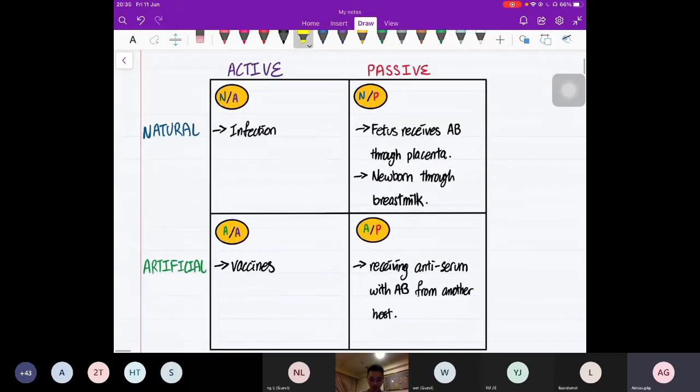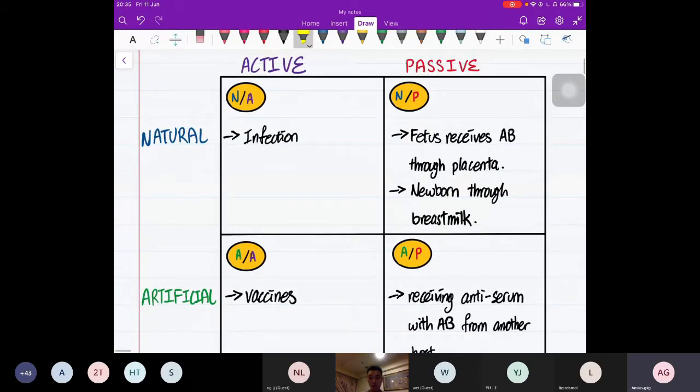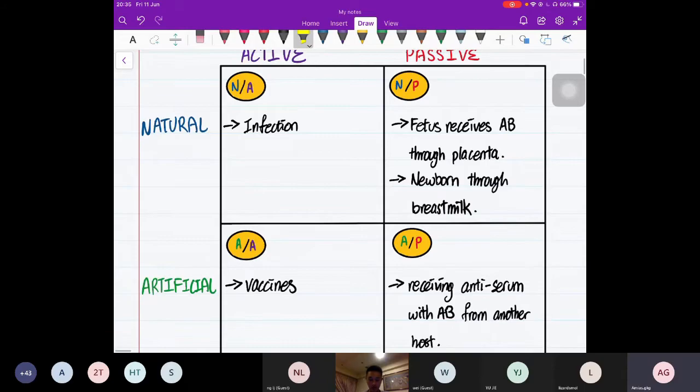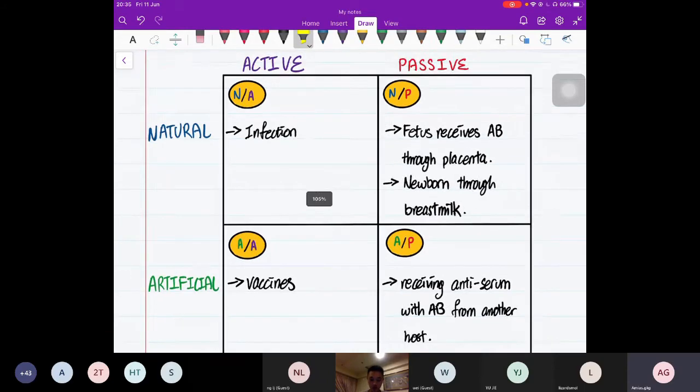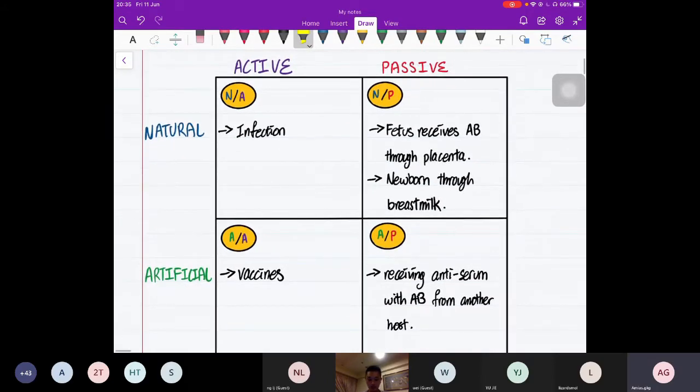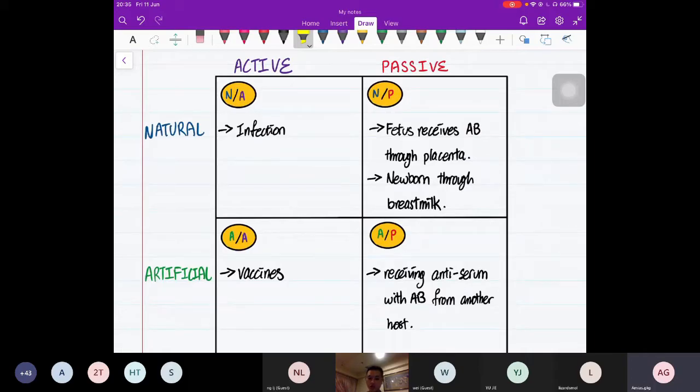So we talk about natural active versus artificial active. Natural active is just any infection you get. If you get the cold, your body goes through natural active immunity. And artificial is where you get your vaccines. Think about it: 300 years ago, they wouldn't have had vaccines.